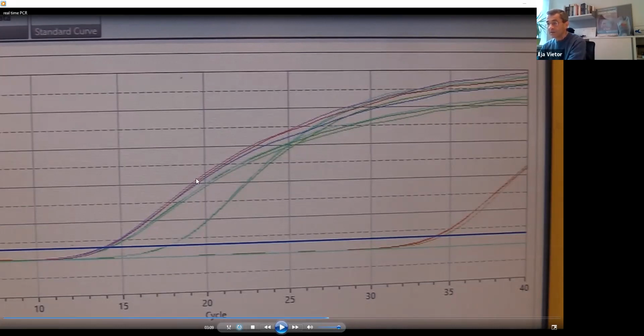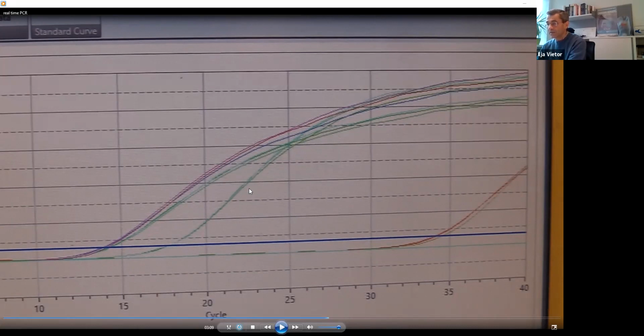And then there is a small difference because although we have used the same total amount of RNA, most probably it's not completely identical or not accurate enough. That's the small difference. And then you see another 3 and 3 curves, which represent this DLK1 signal, and there is a huge difference.